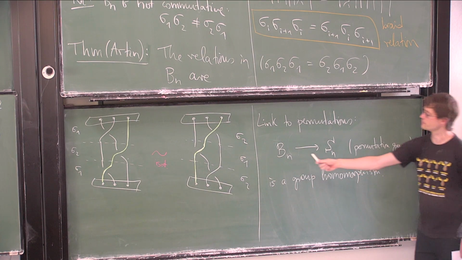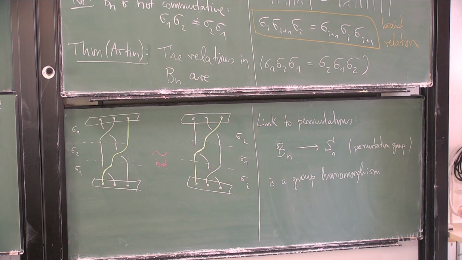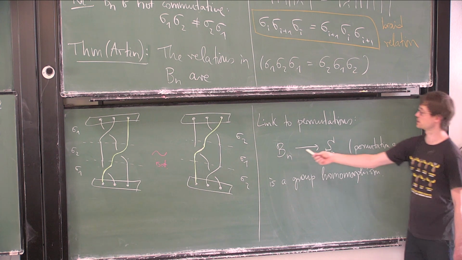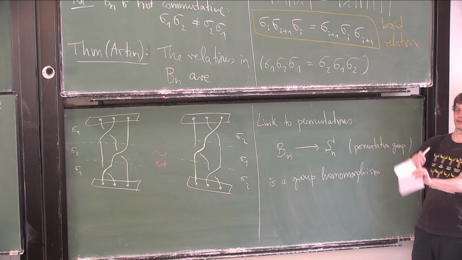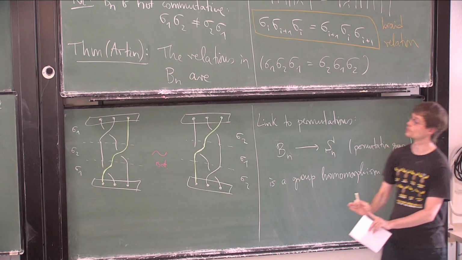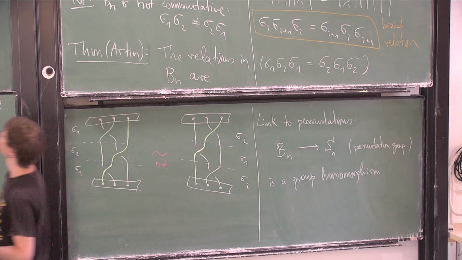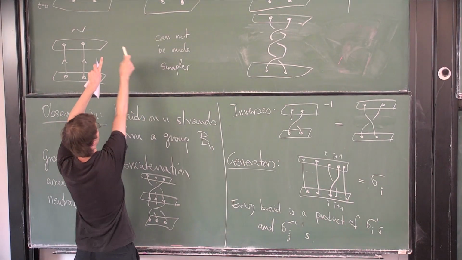For example, the identity braid is of course sent to the identity in the symmetric group. But there are many more braids which are sent to the identity. Any braid where strand 1 goes back to strand 1, and strand 2 goes back to strand 2, for example this one. In this picture, strand 1 goes back to the first position, and strand 2 goes back to the second position.